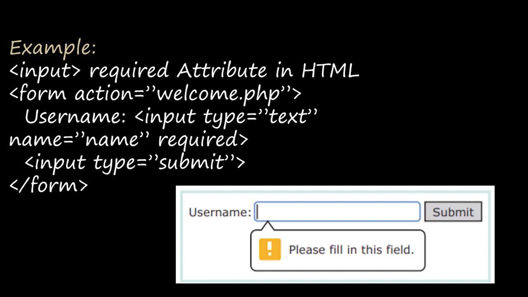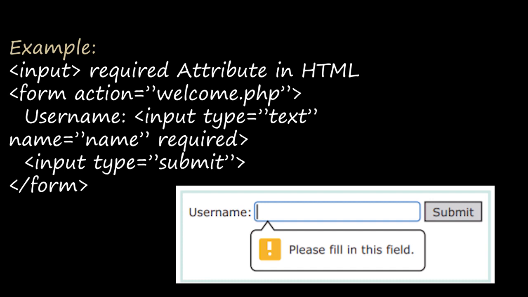Form action is equal to welcome, like this you will open, and then you will give username. Input type is equal to text, name is name, and here you will give required. Required means this must be filled. If you do not fill it and you click submit, it will show please fill this text, or that this is compulsory and you must fill it before you can submit.